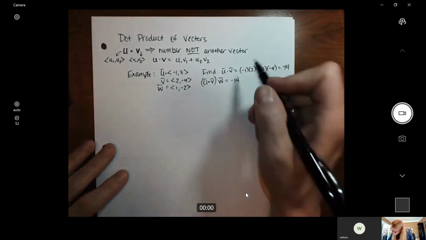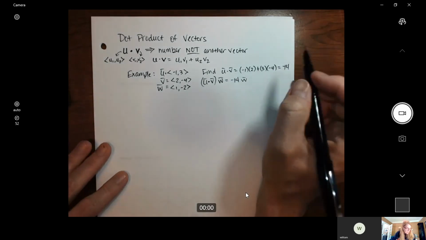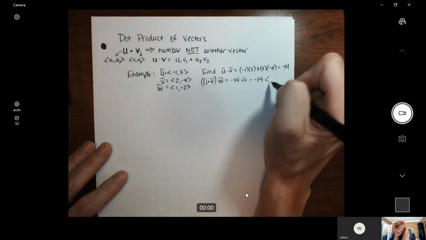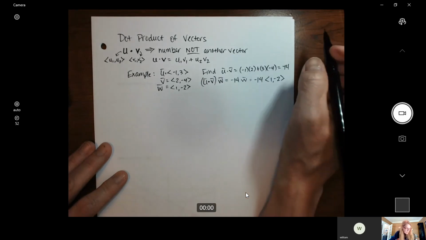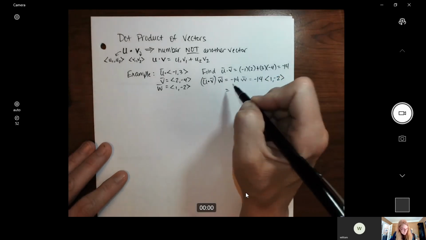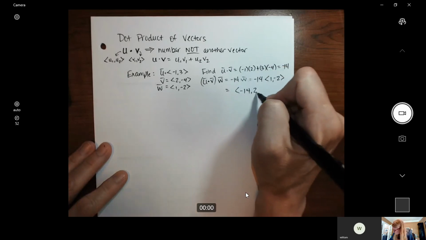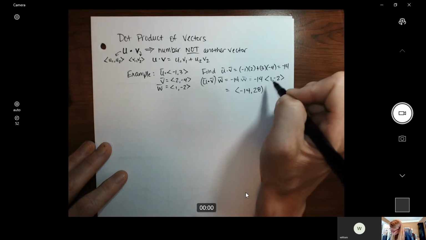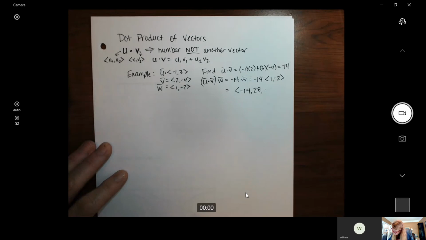So -14 times w. And so that would just be -14 times the components 1, -2. And so this would be the components -14, 28. Oops, that needs to be a square bracket.